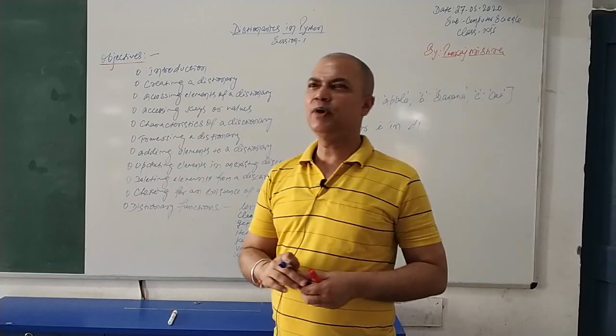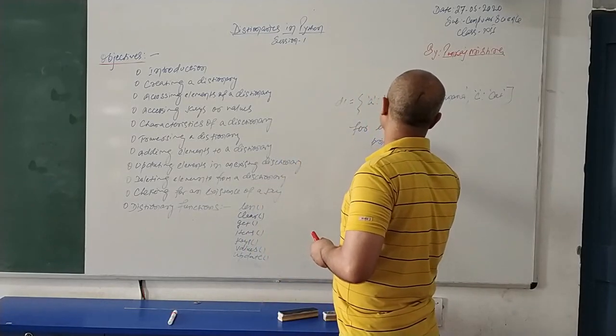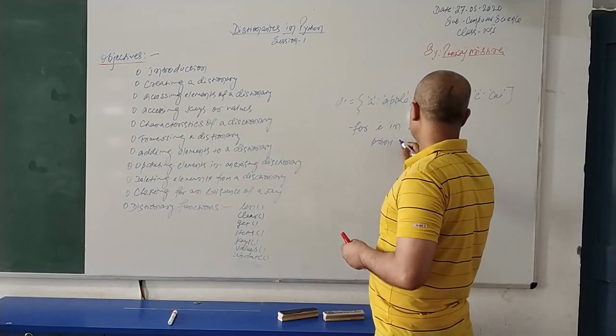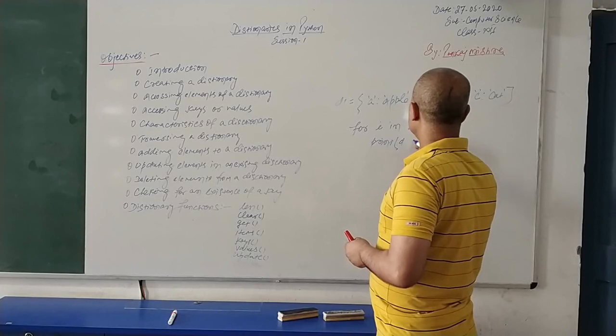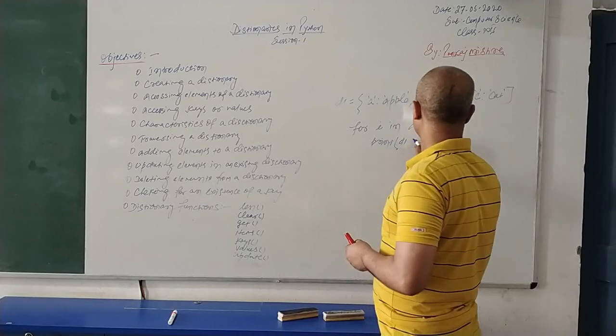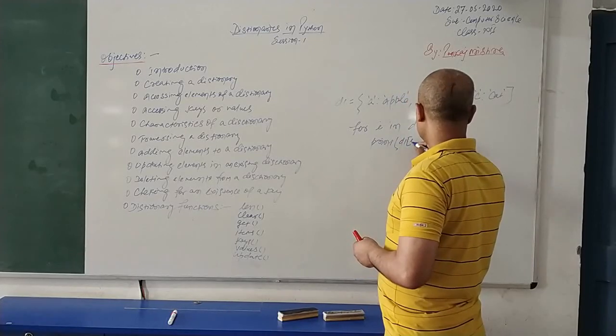Then you use the print command since you want to see the output, and inside the brackets D1 and then i.